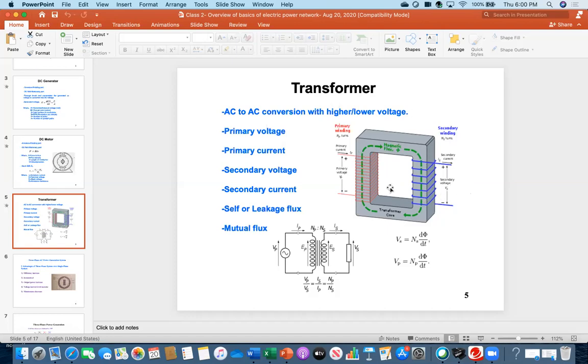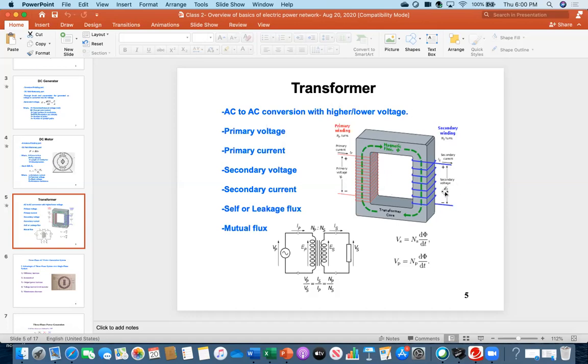Do you understand that transformer principle? Pretty interesting. Two sets of coil are fully electrically separated, but they are magnetically coupled with the help of core material, and the linking is with the help of magnetic flux. Then the voltage will build up on the secondary side.